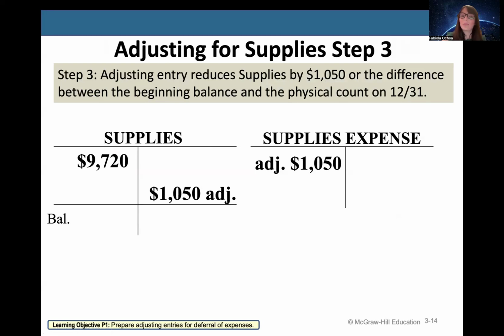Okay, so we are going to adjust our balances by crediting the supplies account, which is an asset on the balance sheet, right? We need to bring our asset balance down because we used up some of the supplies. And we are going to debit supplies expense. That goes on our income statement because we have used the supplies.